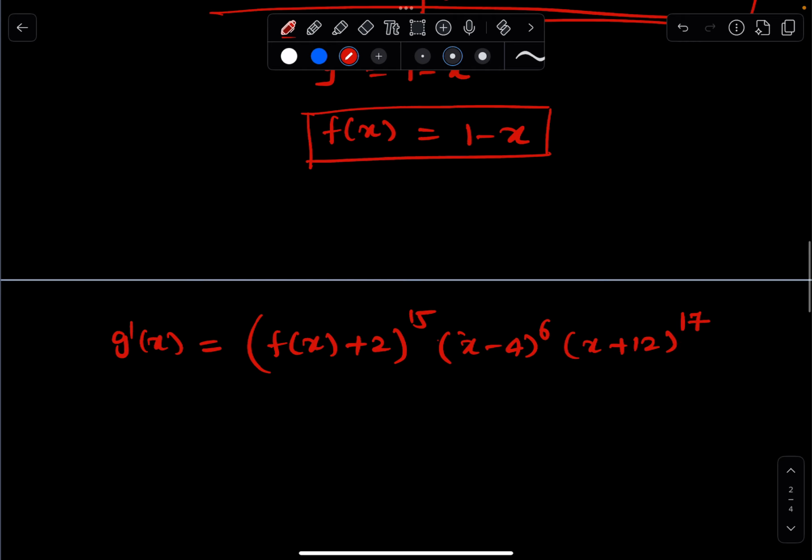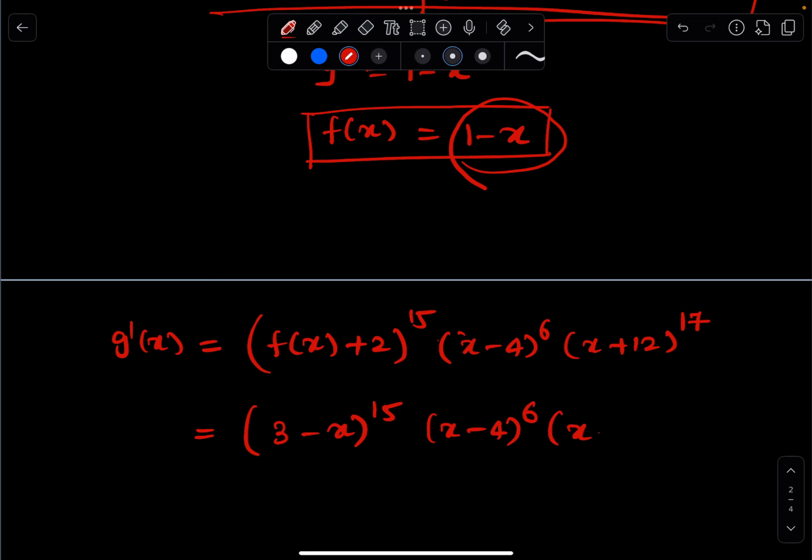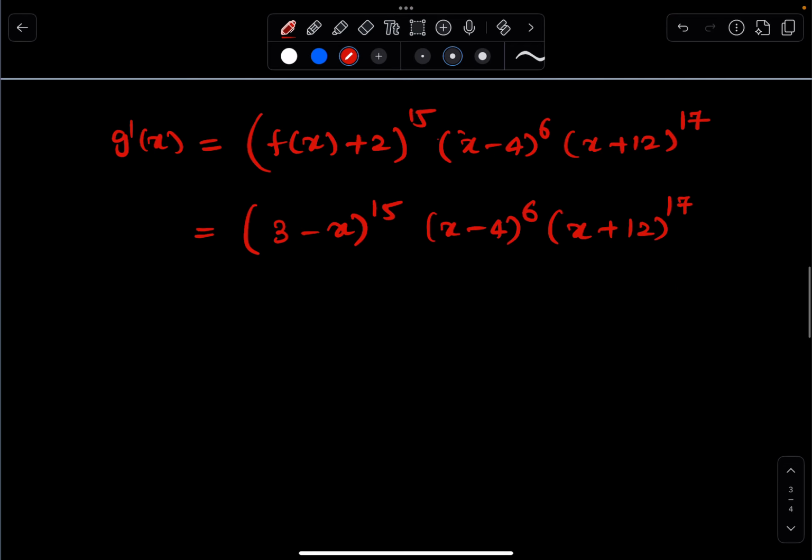This is your g dash of x. Now put the value of f of x in this. So then you will get 3 minus x whole power 15, x minus 4 whole power 6, x plus 12 whole power 17. Now is the time when we have to use the wavy curve method.